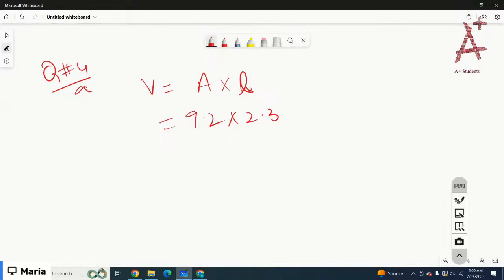So let's just multiply 9.2 times 2.3, that is 21.16. So the correct option is 21.16.